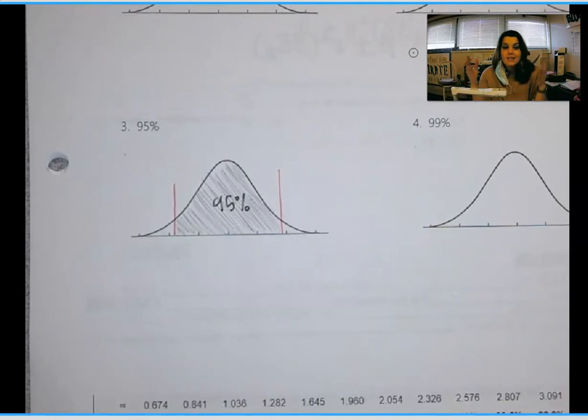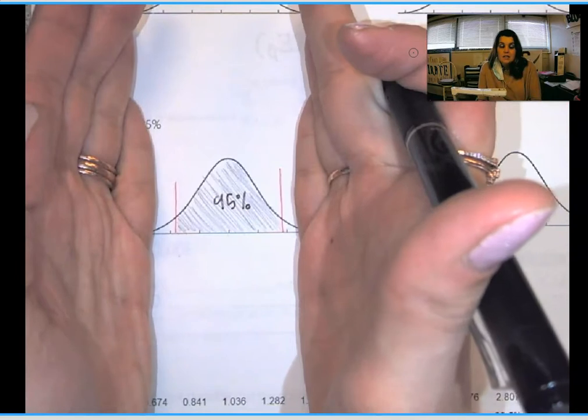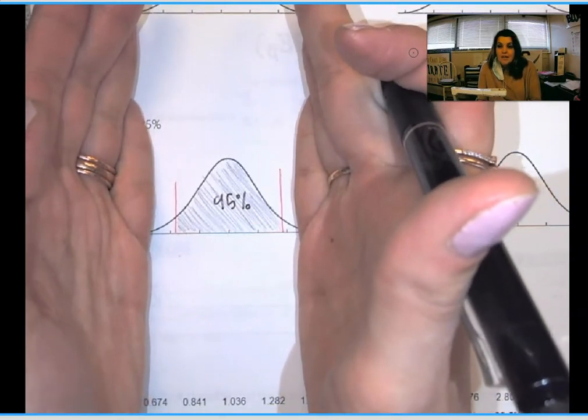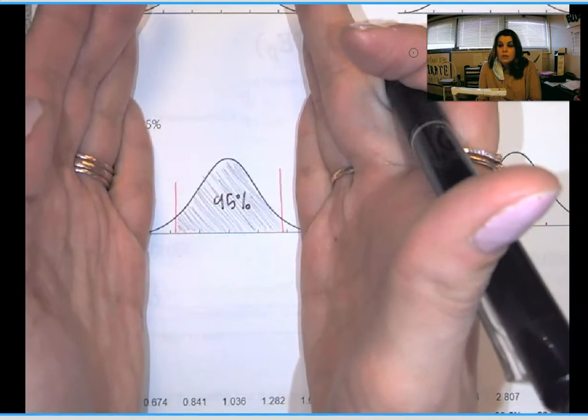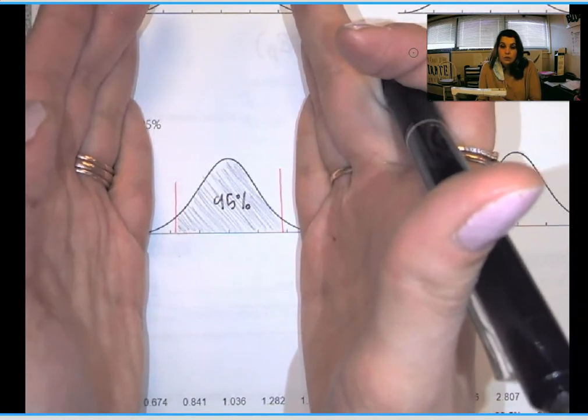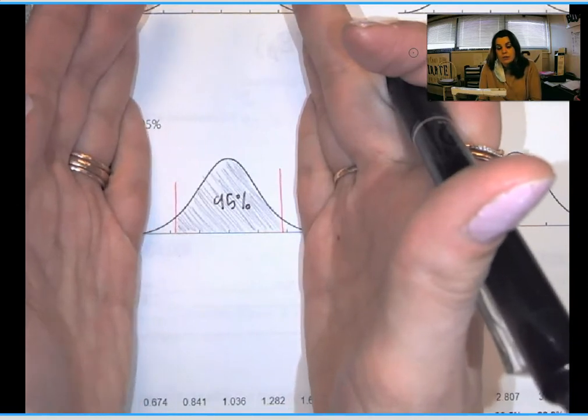So this is the middle 95%. We want to be able to say 95% of the data is z standard deviations away from the mean. According to the empirical rule, that's 2. But what is it truly according to our standard normal table?